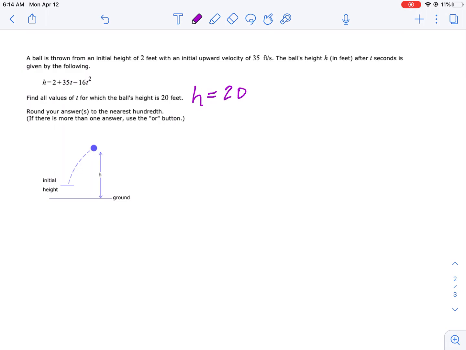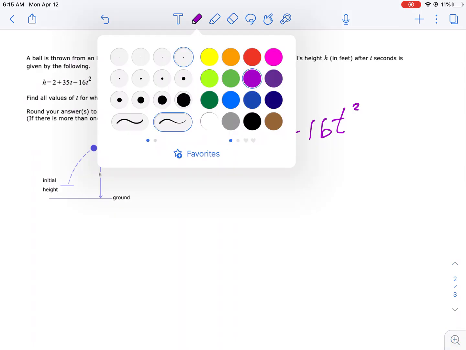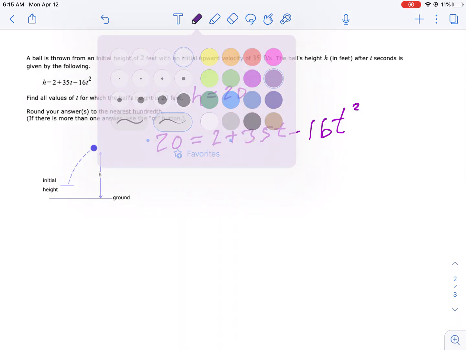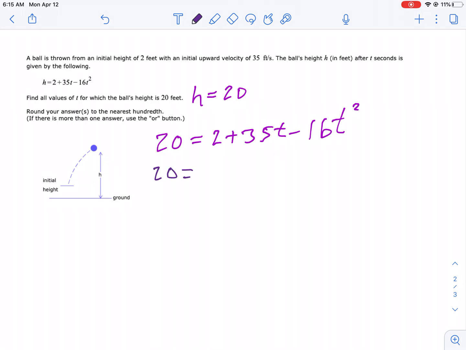Round our answer to the nearest hundredth. If there's one answer, if there are two, separate them using the word or. So we're going to say 20 equals 2 plus 35t minus 16t squared. Well, first thing I'm going to do, I'm going to write that in standard form. So I'm going to say 20 equals negative 16t squared plus 35t plus 2.